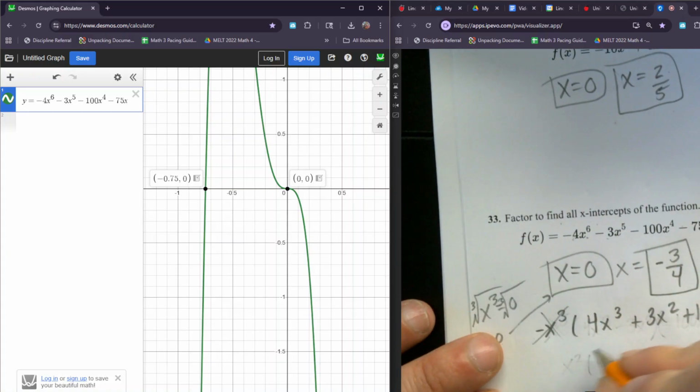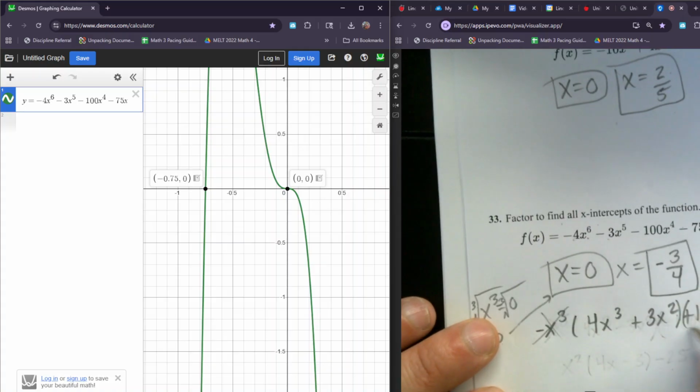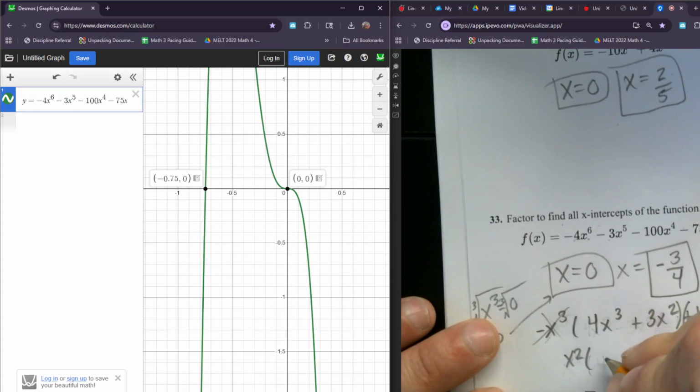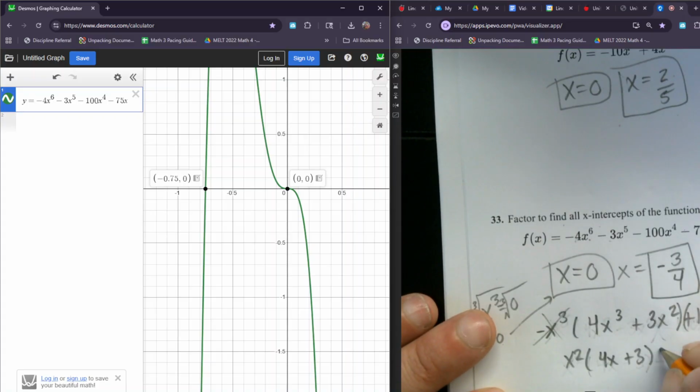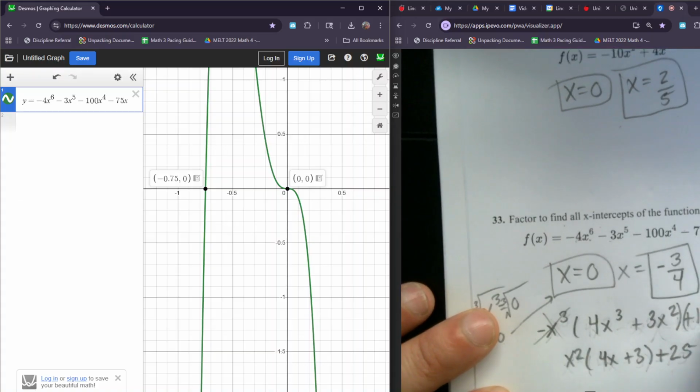And then if I group these together, I can take an x squared out here, which will give me 4x plus 3. That's going to change that to a plus now, so that's why it's going to give me an imaginary solution. Plus, and then a 25.